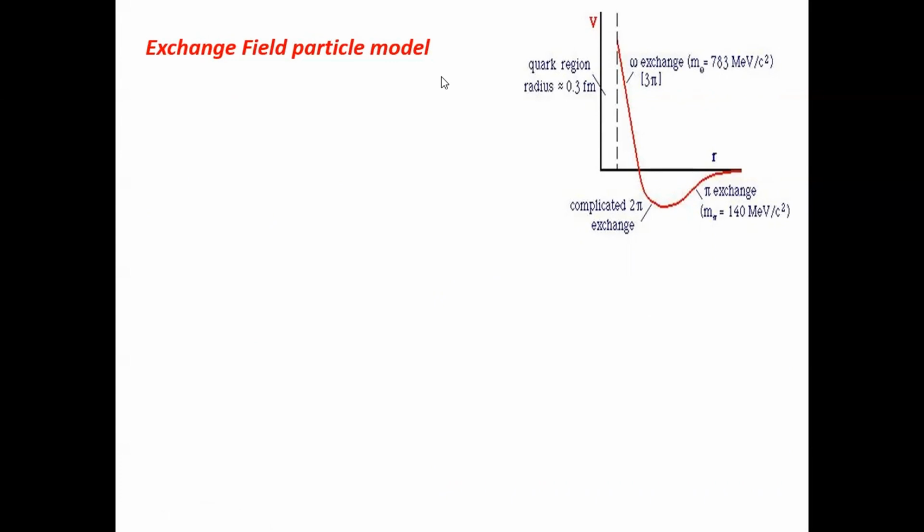So the nuclear model is now telling us another complicated and new thing. It is telling us that in a region where the quarks are within a radius of 0.3 femtometer, the pion exchange makes it repulsive, and within the radius of the nucleus it makes it attractive.